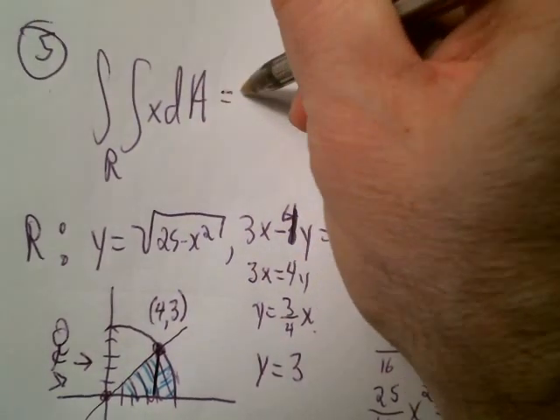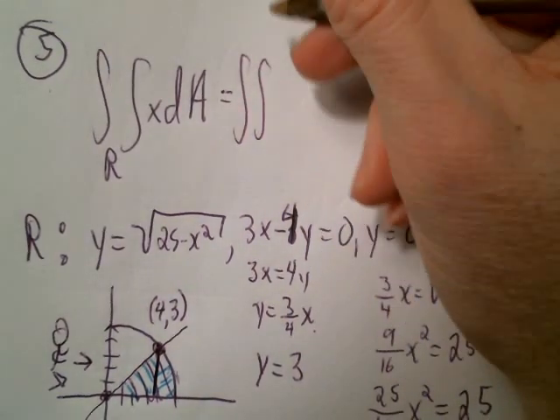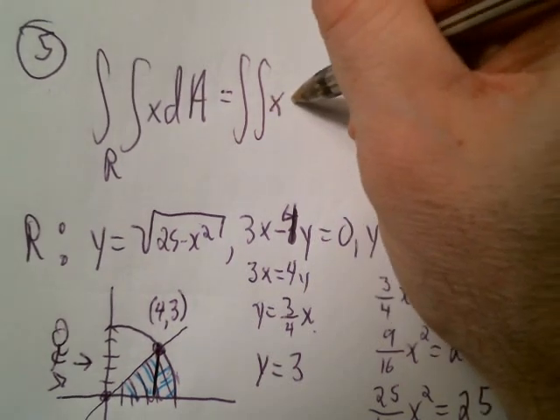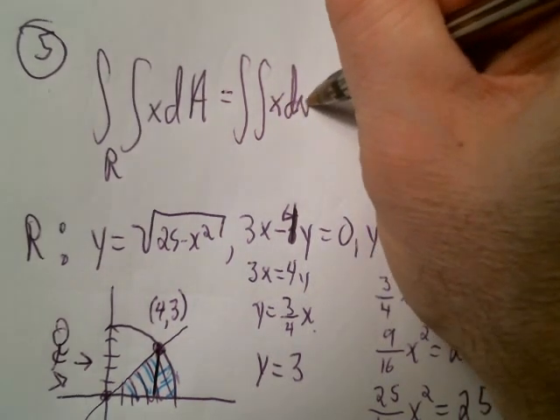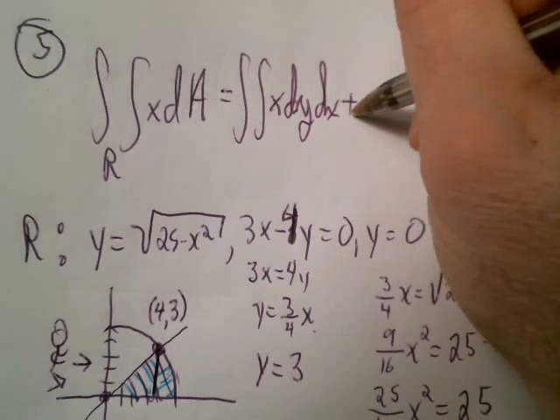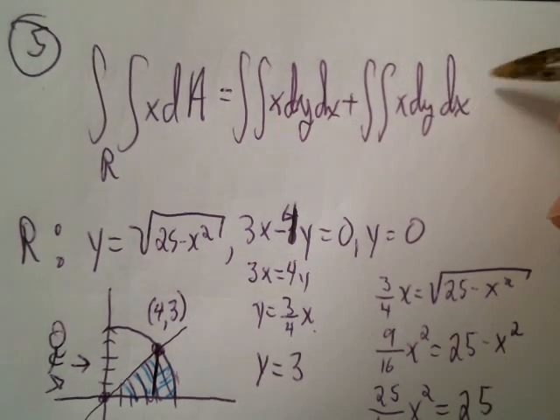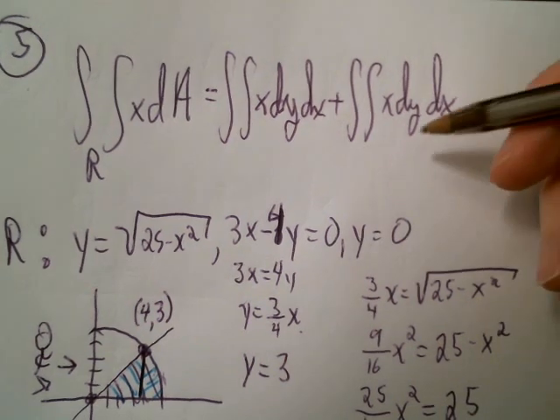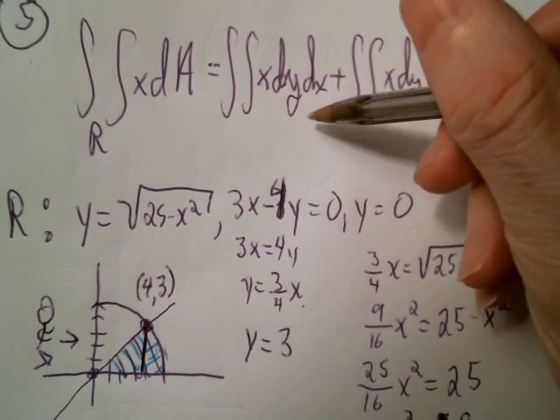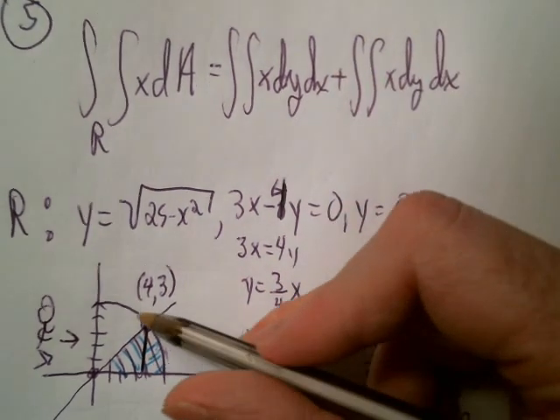I'll have this equaling a sum of 2 integrals, and the order is dy dx, and then plus another double integral x dy dx. Okay. So for the first integral, you think curve to curve, right?